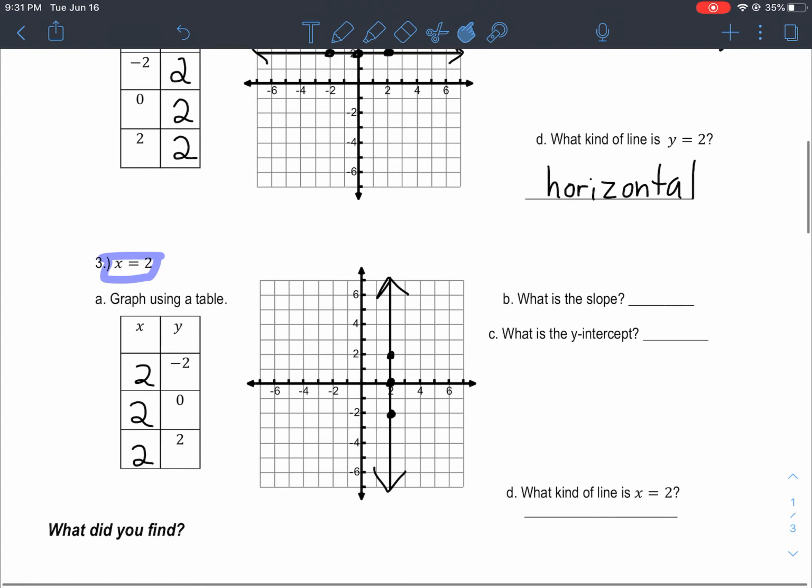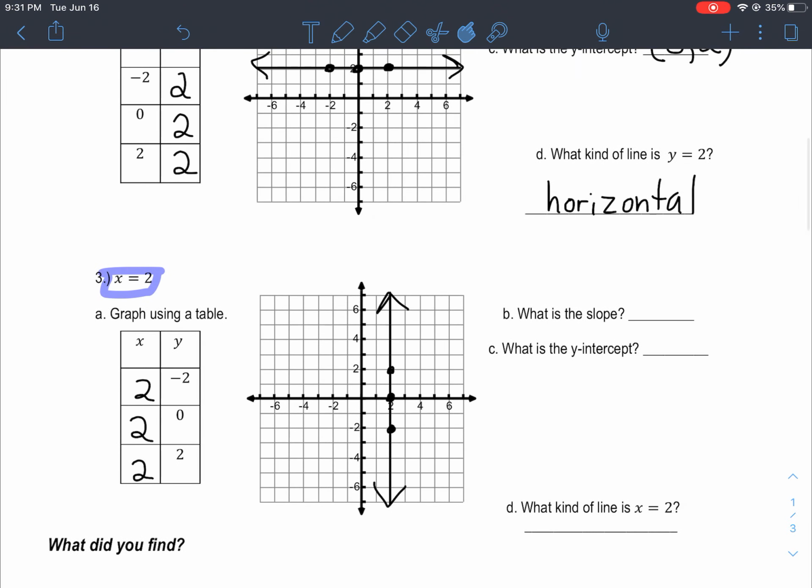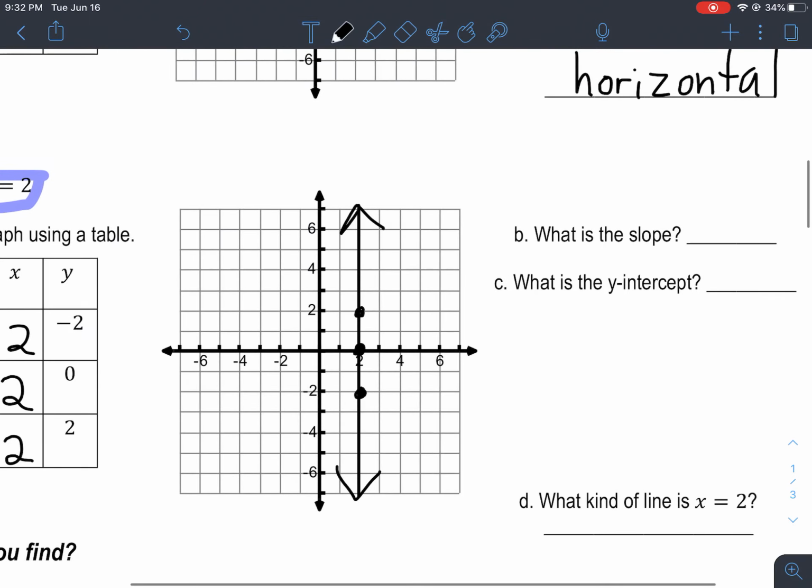There's my line. So now if I compare this one to number 2, see if you can write down what kind of line it is, and also see if you remember what this slope is called, if it's just a vertical line. Okay, so the slope for this one, we're rising, but we're not running at all.